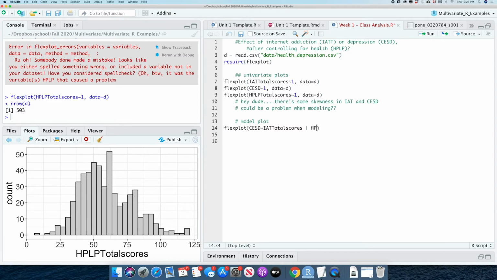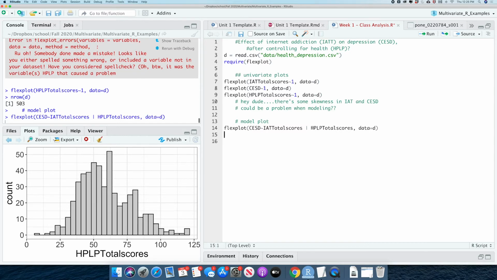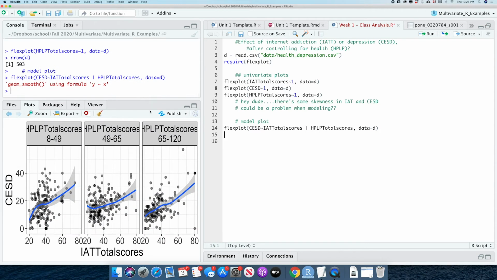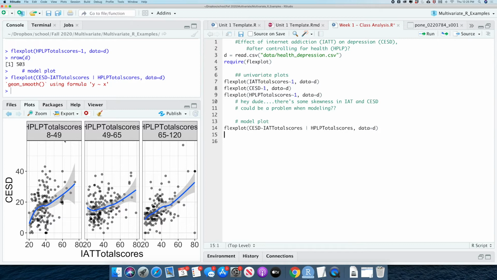So then we can put HPLP total scores, data equals d. And then if I plot that, that's going to show all my variables at the same time. And what it's done is, in the background, automatically it has dissected HPLP total scores into kind of a low, middle, and high. And then it gives us these loess lines.